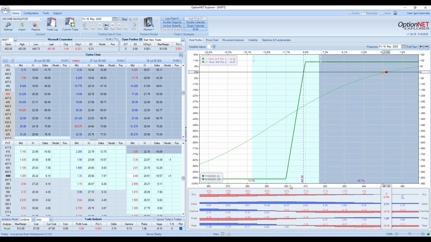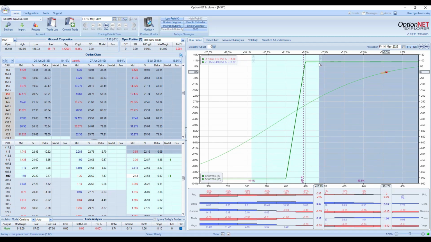So this put spread is worth $10 and the stock moved against us. So we're minus 10 points times 100 shares. We're out $1,000. But remember, we collected $85 for this spread. So our total loss gets reduced by that $85 credit.